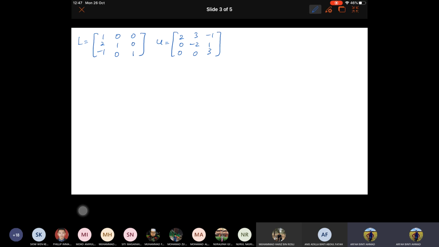Aim kita matrix L dan juga matrix U ni kita dapat daripada yang kita decompose. Okay, so kalau awak tengok dekat dia punya step, dia kata kita akan ada step seterusnya awak akan let Ux equal to Y and Ly sama dengan B. Okay.